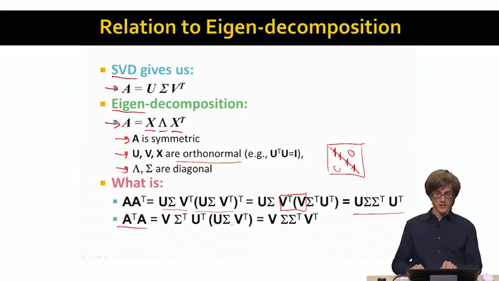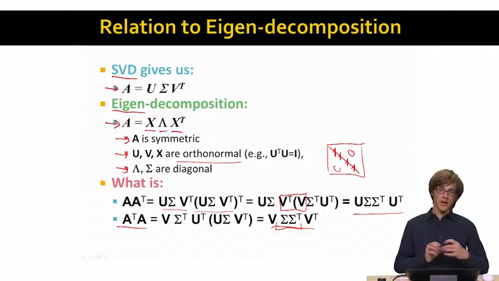I do the same trick as before, and here I obtain that this equals V times sigma transpose times V transpose. One thing that I have to remember is that sigma is a diagonal matrix. So in some sense, sigma times sigma transpose is nothing else than another diagonal matrix that has the squares of the values on the diagonal.